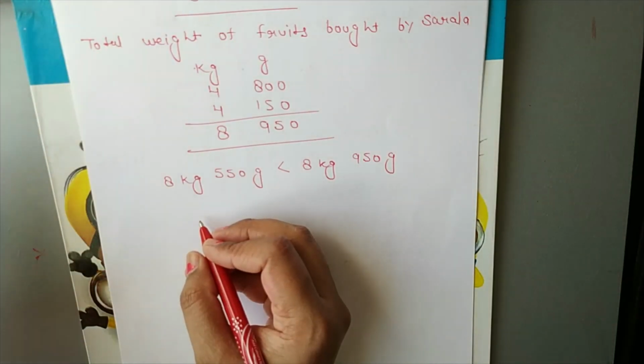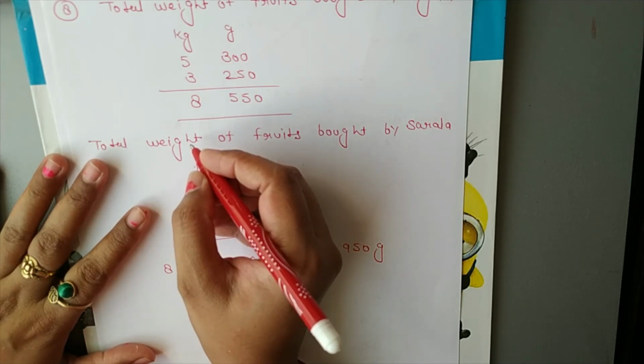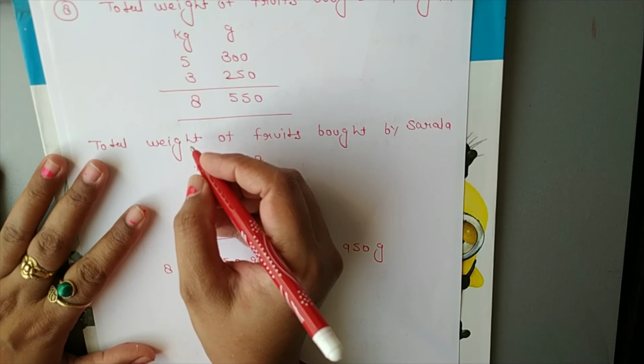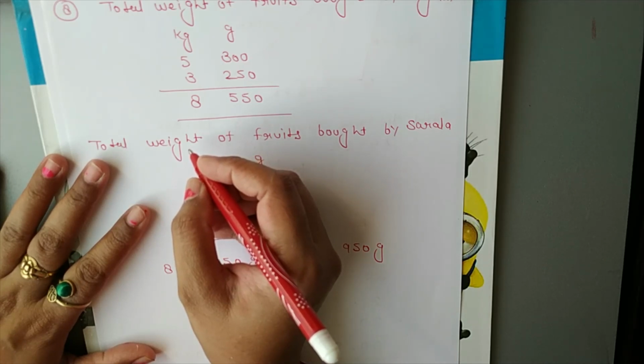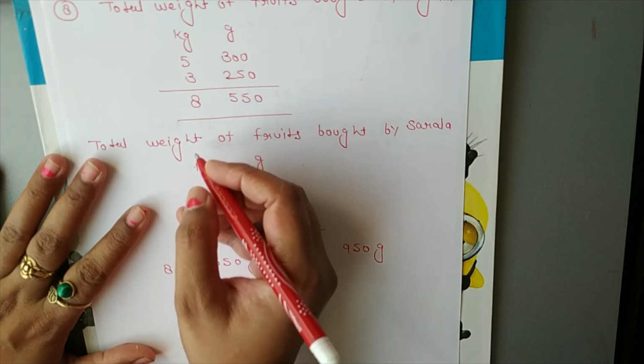Question number 8. Shyam bought 5 kg 300 gram apples and 3 kg 250 gram mangoes. Sarla bought 4 kg 800 gram oranges and 4 kg 150 gram bananas. Who bought more fruits?